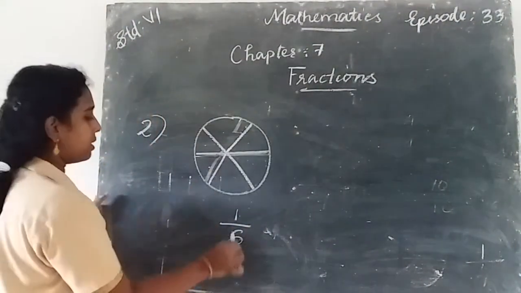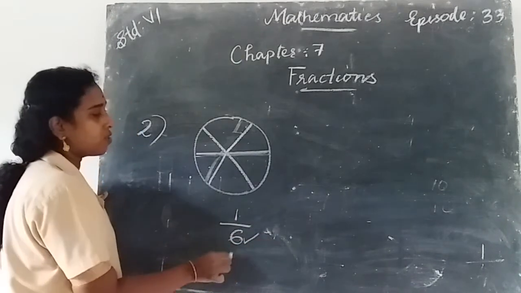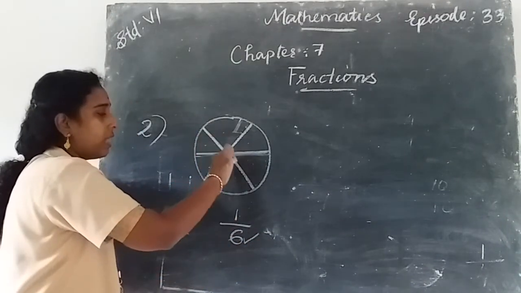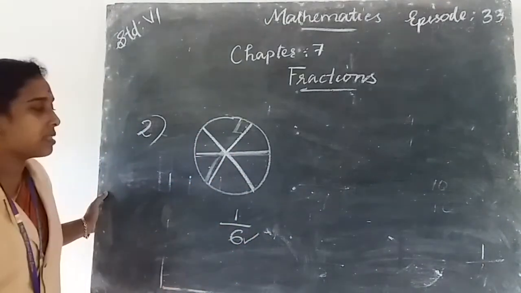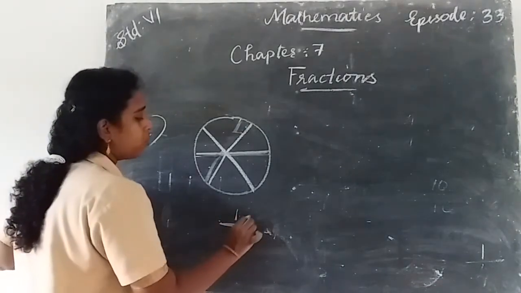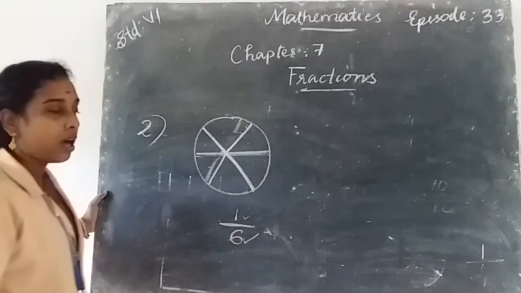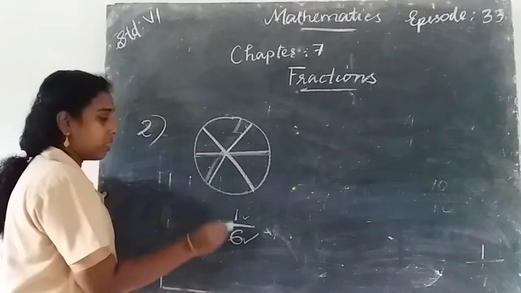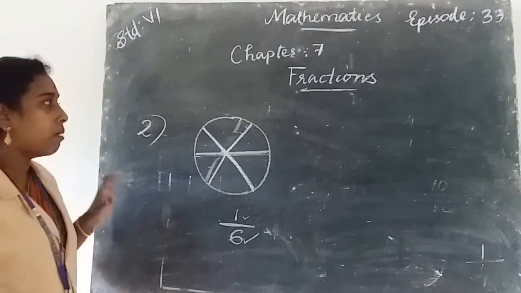Which means 6 is the denominator, and it shows the whole is equally divided into 6 parts, and here 1 is the numerator, which means one part out of 6 can be shaded.